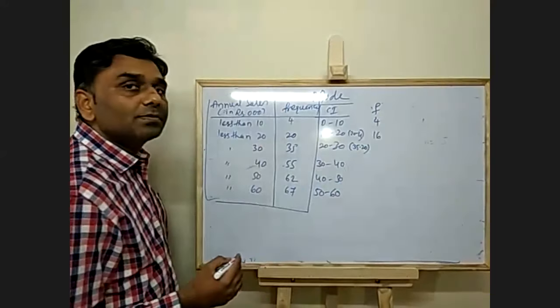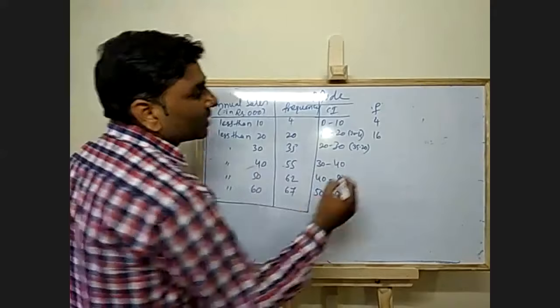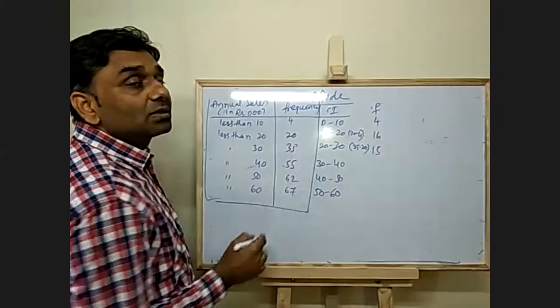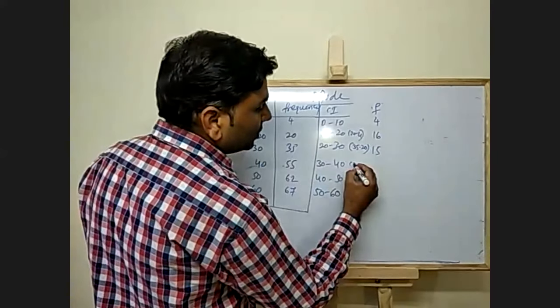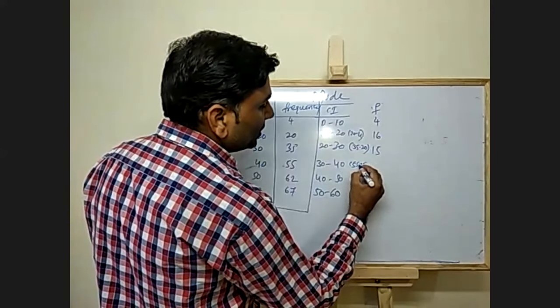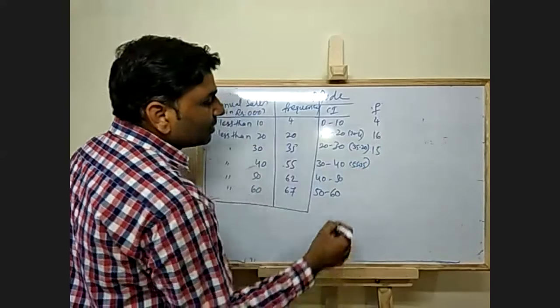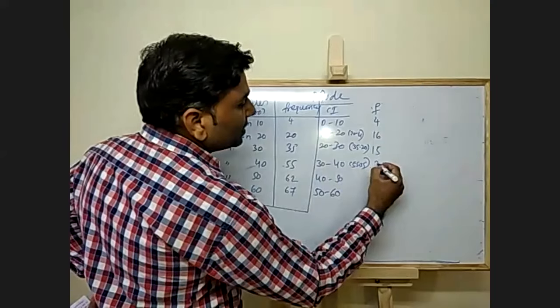How much is it? 15. Next, 55 minus 35. How much is it? It is 20.